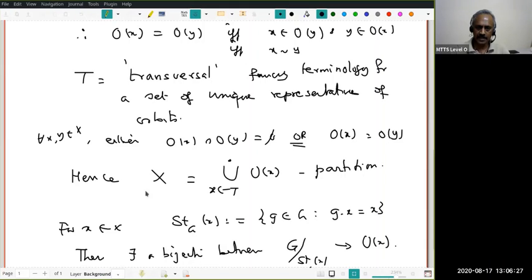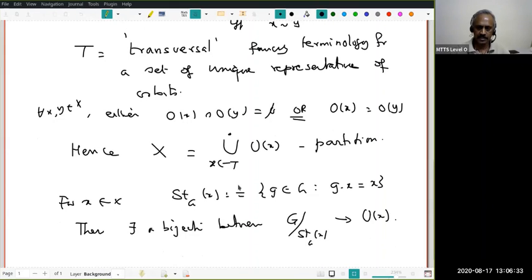If X is finite, then we can count the number of elements here. I want to say mod X, that is the cardinality of X, the number of elements in X, equals the summation of mod O of x, the number of elements in the orbit of x, as x varies over the transversal. All right. So I would like to know how to find the number of elements in the orbit so that I can reconstruct X.